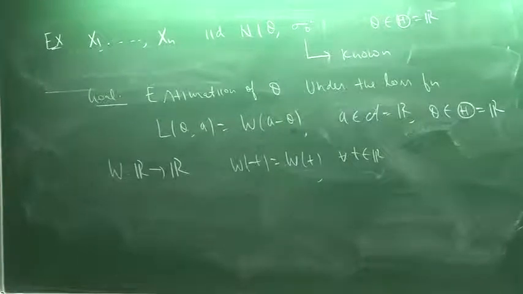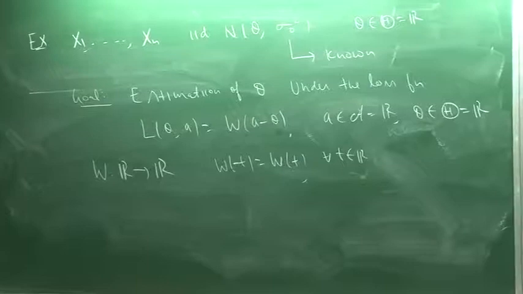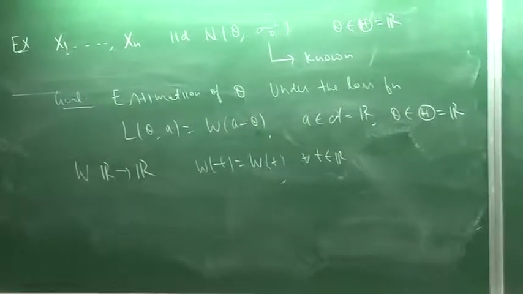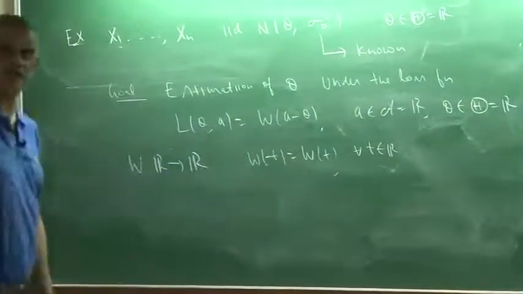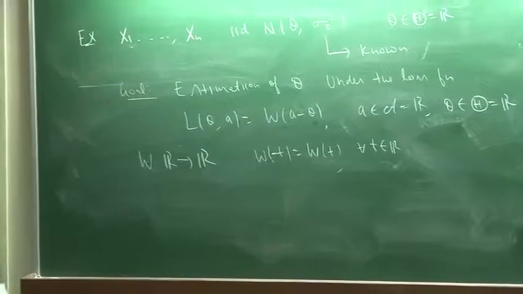Of course, yesterday I demonstrated how to find the minimum risk invariant estimator in this situation when W was t square. So under the squared error loss function we found it out.